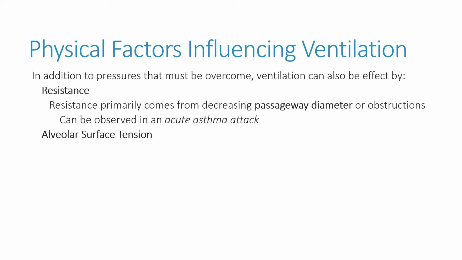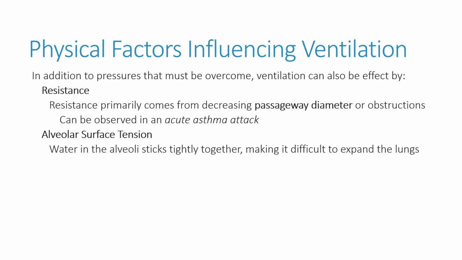Alveolar surface tension is also another contributing factor. Water in the alveoli sticks tightly together and makes it difficult to expand the lungs. It would take a lot of energy just to force our lungs to expand, fighting against this surface tension.